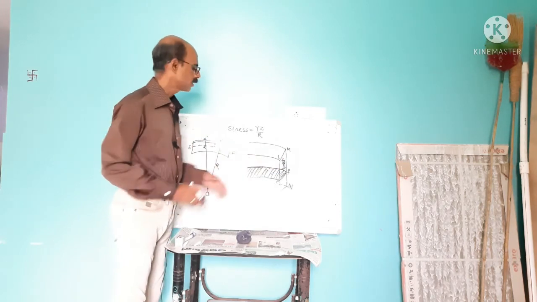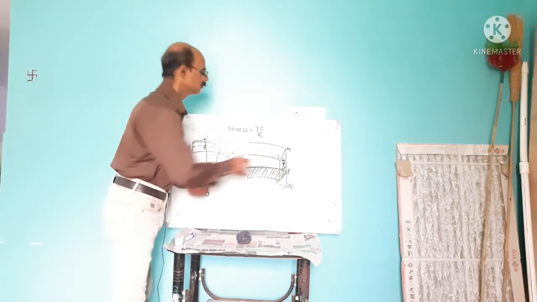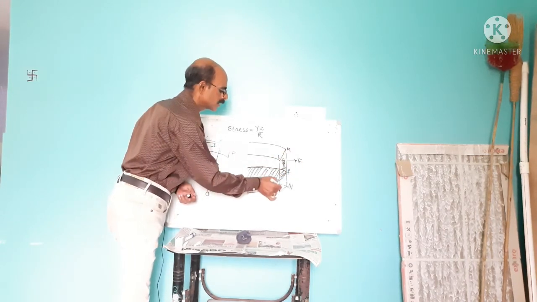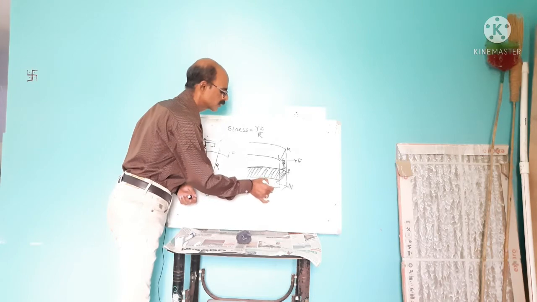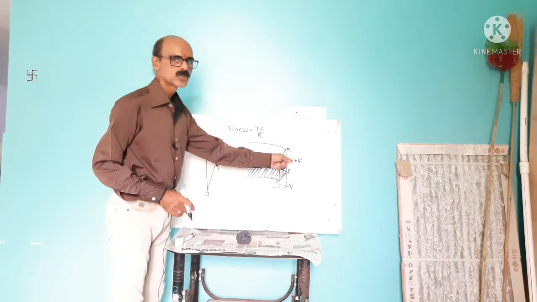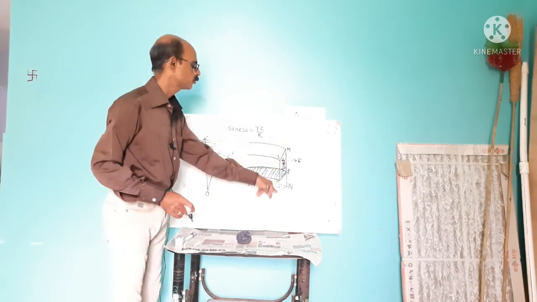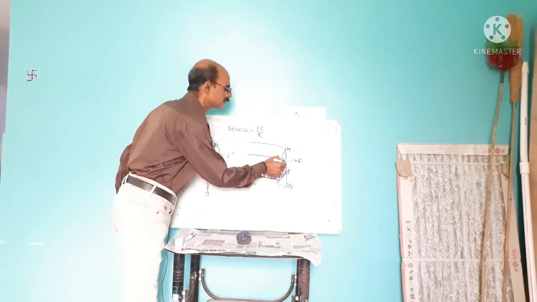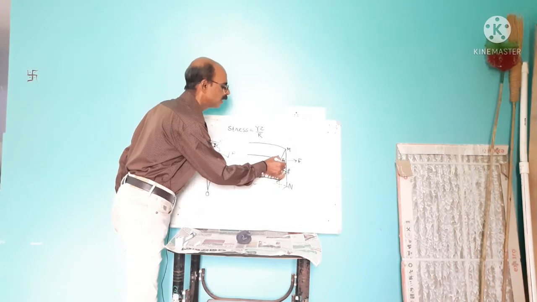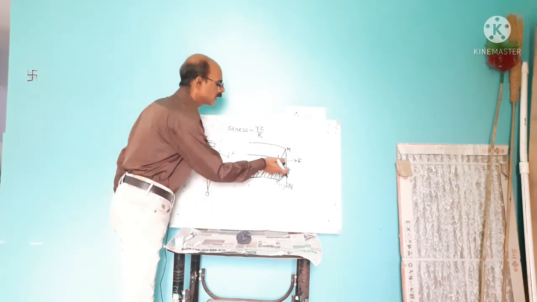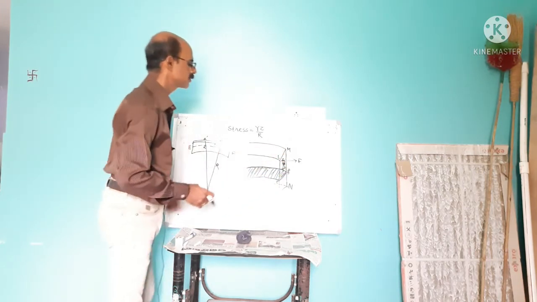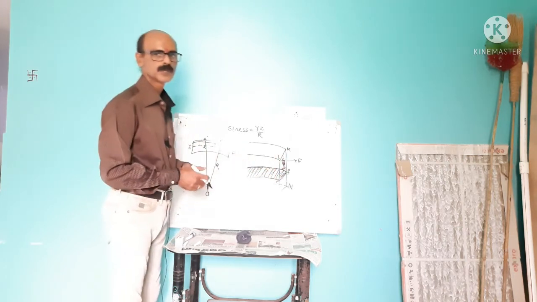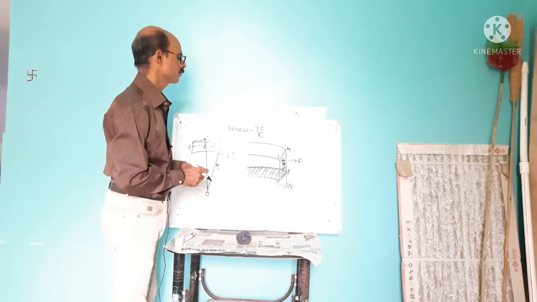The expanding forces and the contracting forces also act perpendicular to this section. We have considered a small element of area delta A above the neutral surface, at a distance z from the neutral surface.